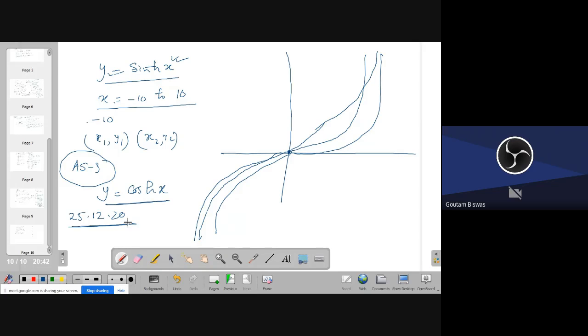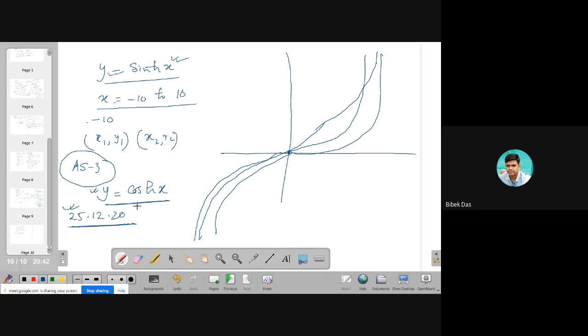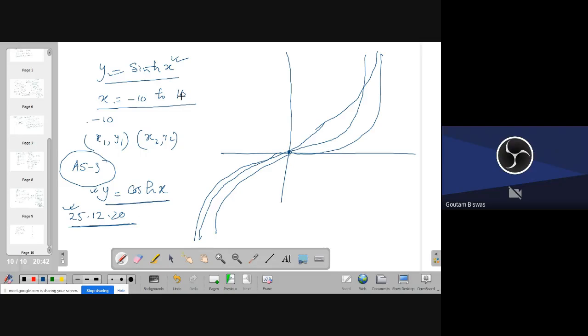Okay, remember this. After 25th, I will not consider marking. Understood? Sir, the points are minus 10 to 10. Points are minus 10 to 10, 20 points, you have to draw it. Okay, cosh x. And each week you draw one.